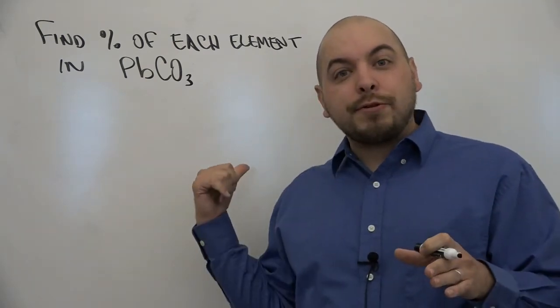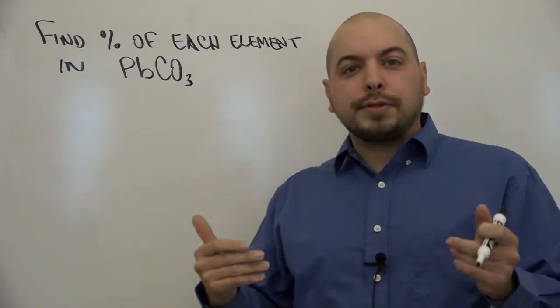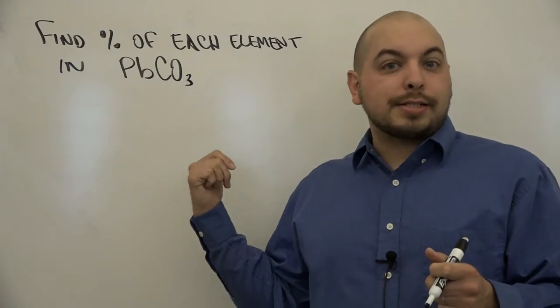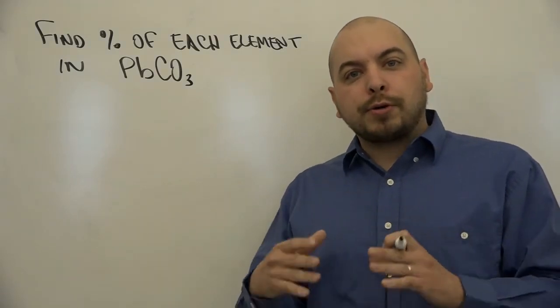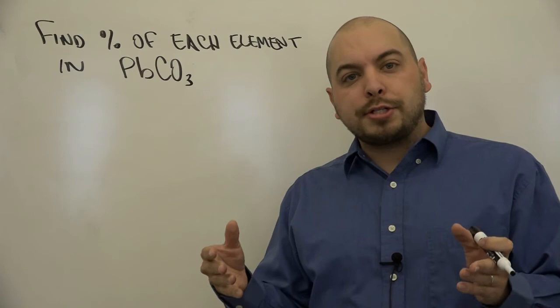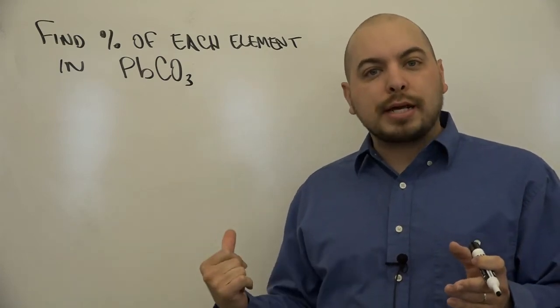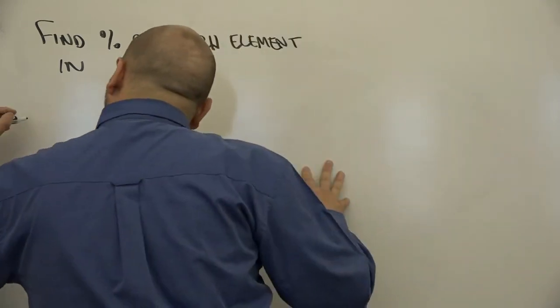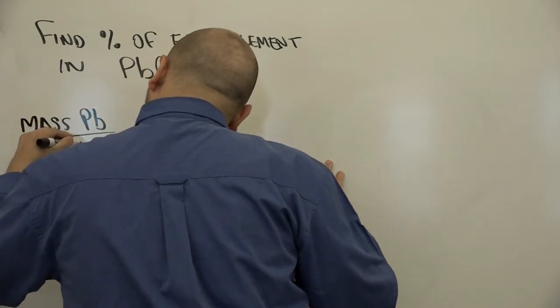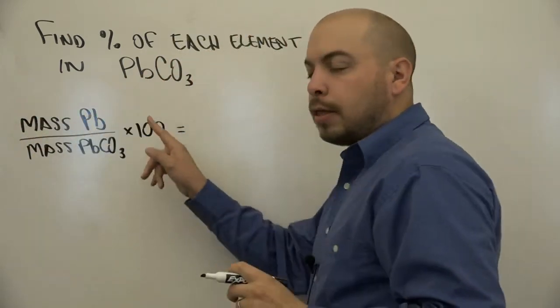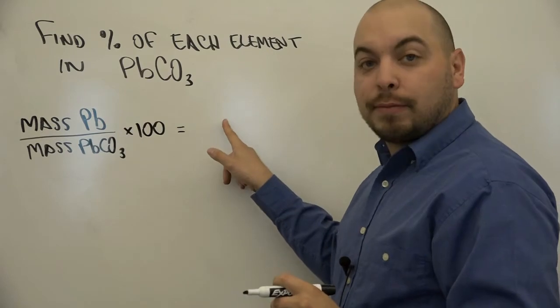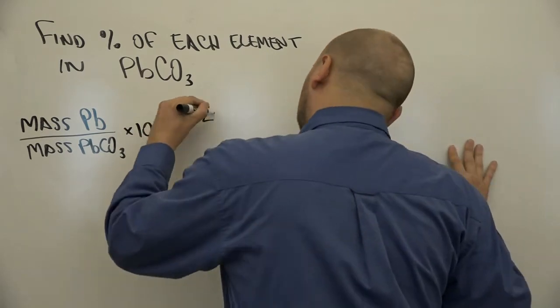All right, now that you've had a few seconds to try it on your own, let's solve it together. First element we're going to look at is lead. We're going to write out the general form of our percent composition equation, and it's going to be the mass of lead over the mass of the compound. The mass of lead is 207.2 grams per mole.